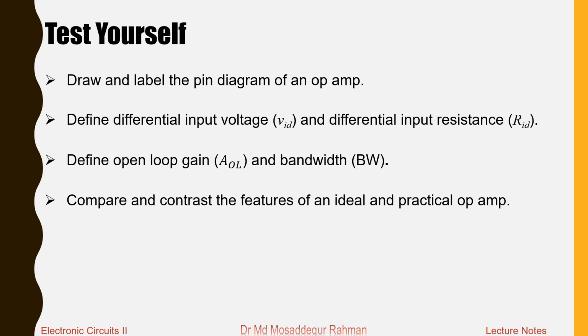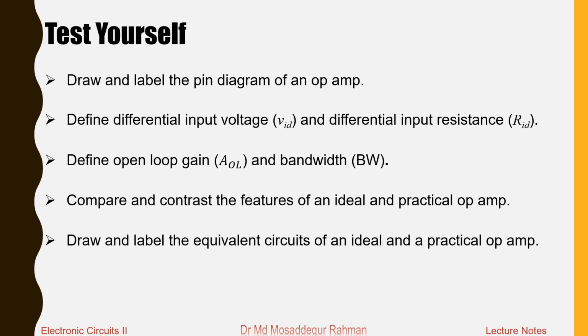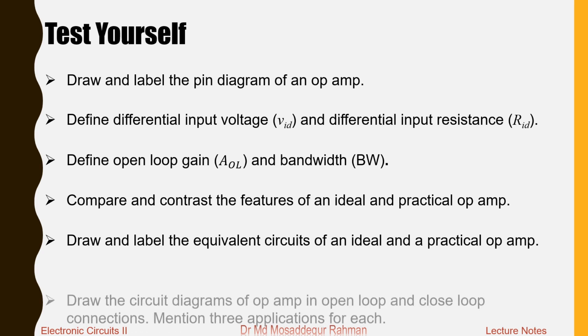So it is important to understand the features of an ideal op-amp, and how the features of the practical op-amp deviate from those of an ideal op-amp. And then we also need to know how to draw and label the equivalent circuits for the ideal and practical op-amp. That is very important when you go on to design and analyze op-amp based circuits.